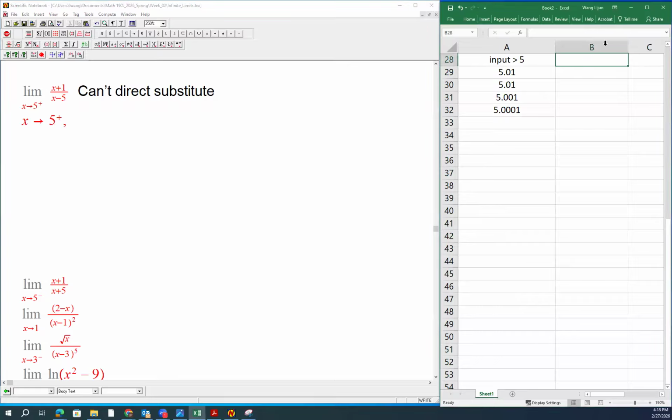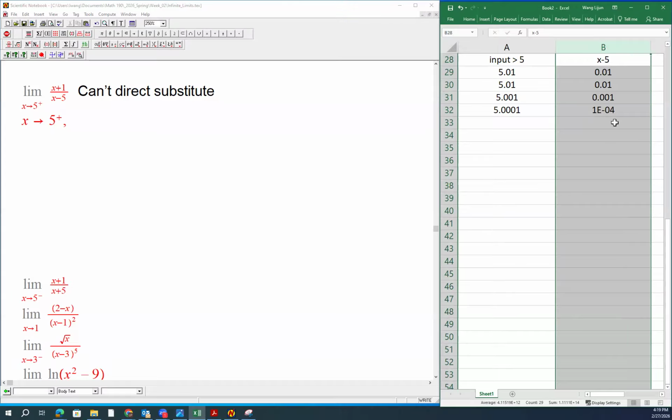Let's see what is x minus 5. Okay, the input minus 5. We can see that number is getting closer and closer yet to 0. Do you guys see that? You can see these numbers are getting closer and closer to 0.